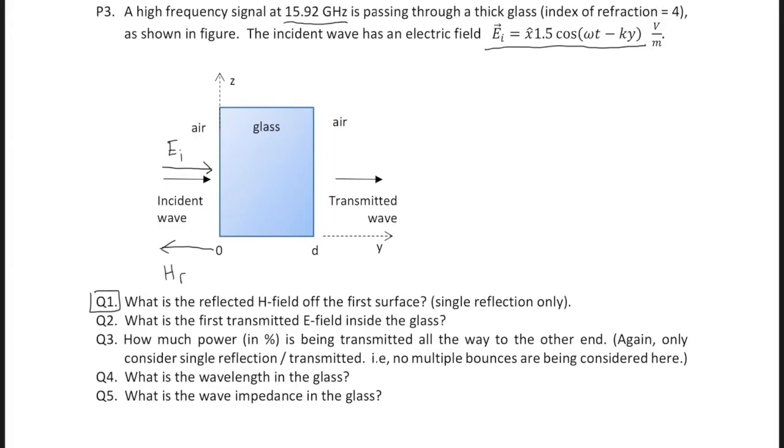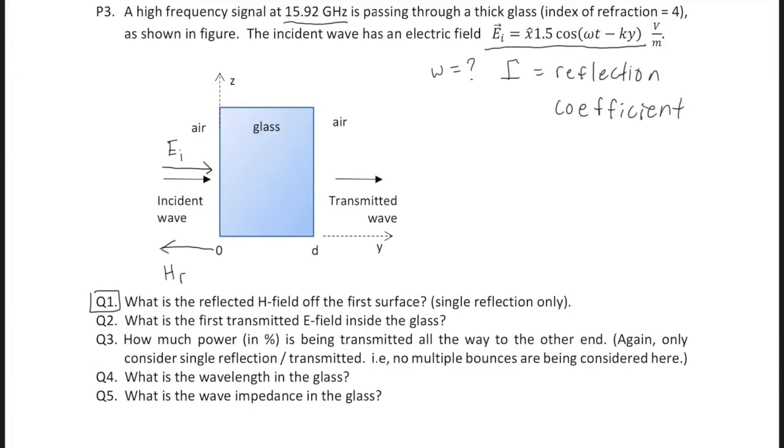HR. So to start off this problem, I would want to find omega first, and I would want to find this value, which is equal to the reflection coefficient. And the reflection coefficient represents the fraction of electric field being reflected at the boundary.